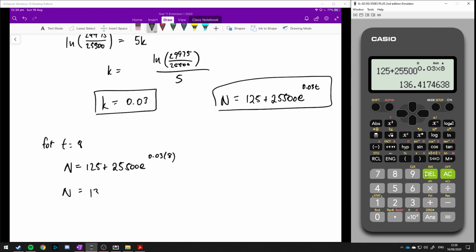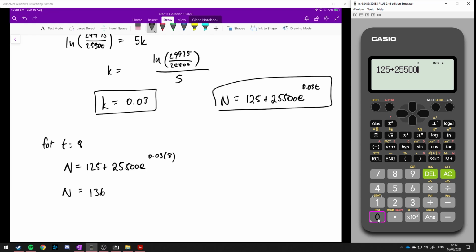And we get the population is 136. Oh, I forgot the e. No wonder that was looking very odd. Calculators can be annoying sometimes.